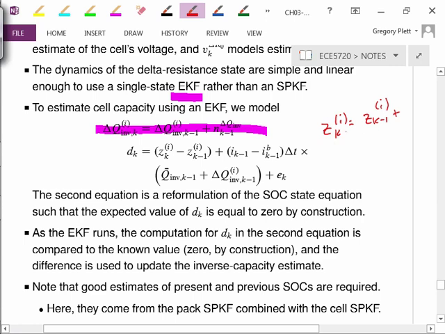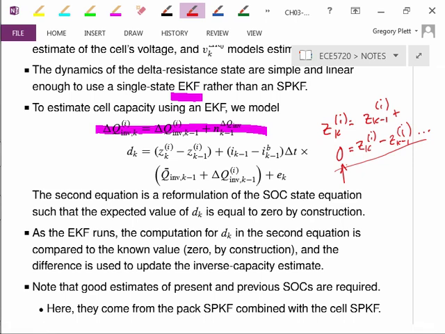And then we subtract one side of the equation from the other to get 0 equals z_k^i minus z_{k-1}^i, etc. And so it's kind of a manufactured output equation where I expect 0, but I actually compute some other number. And so the prediction is 0, the computation is the measurement, if you will, and I can use that to update a Kalman filter set of equations as well.